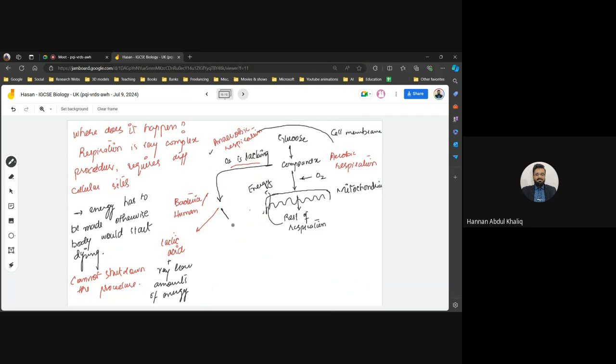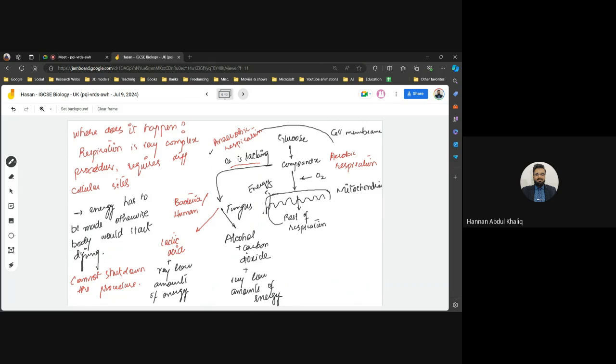If the same anaerobic respiration occurs in fungus, then the end products would be alcohol and carbon dioxide, plus a very low amount of energy.